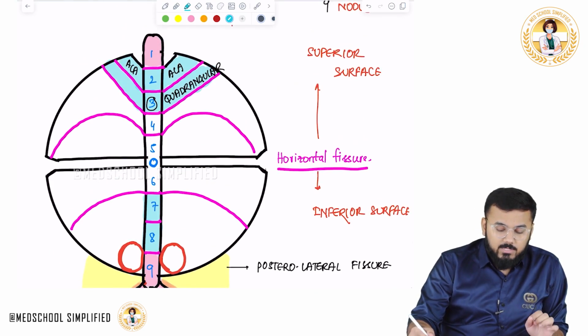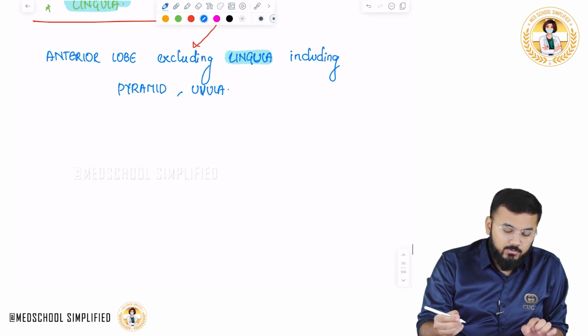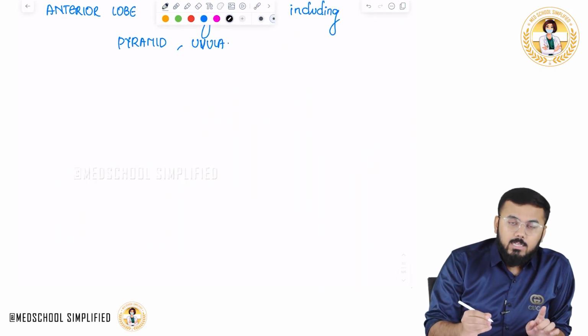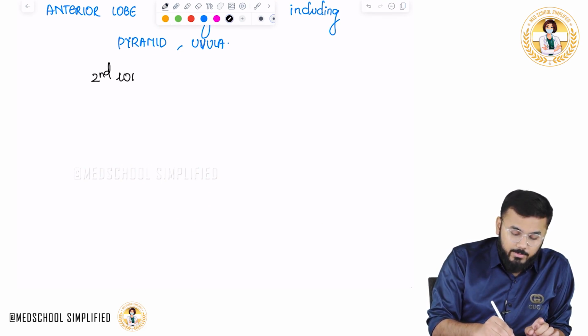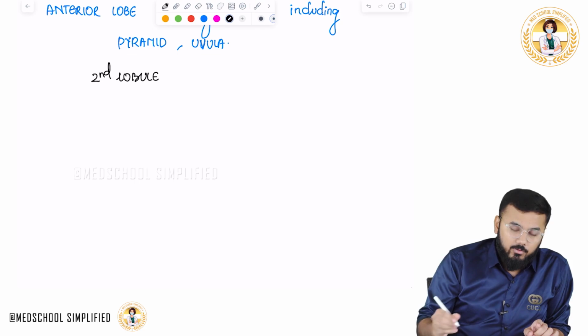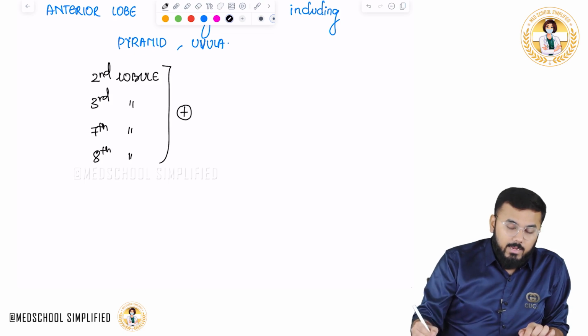Specifically, if I have to mention the contents, the first content here is the second lobule of vermis, third lobule of vermis, 7th lobule of vermis, 8th lobule of vermis. Along with all of this, we even have two more structures.